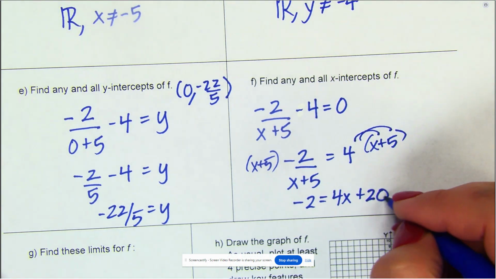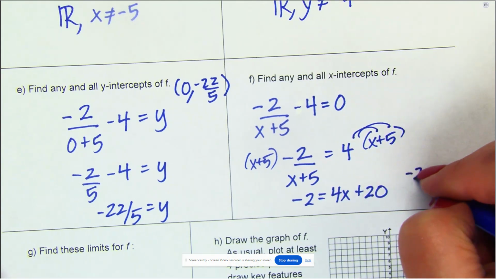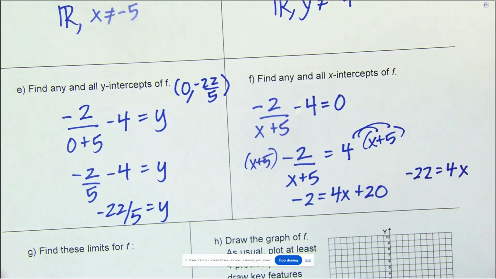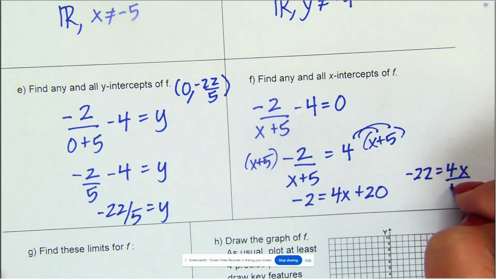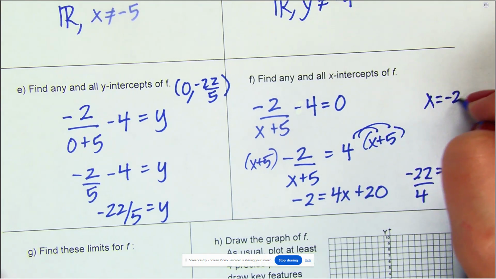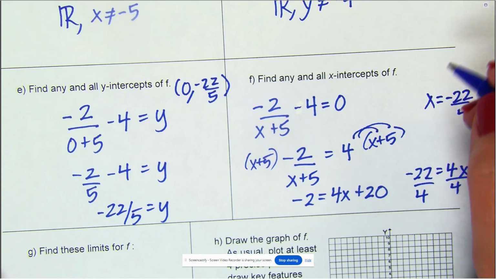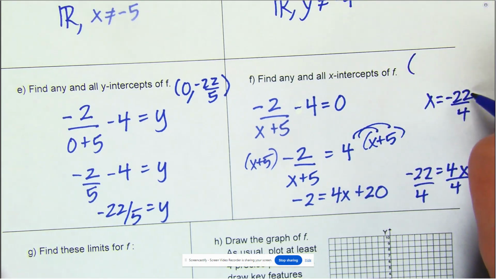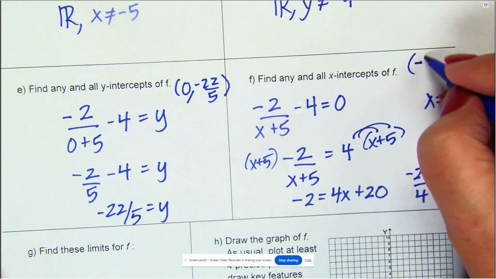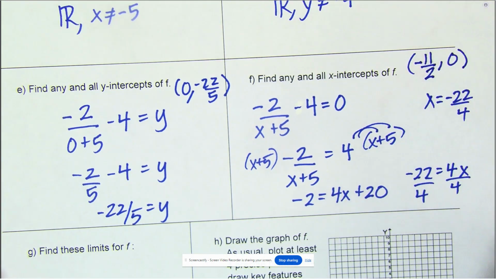And then I'd subtract 20 to make a -22. And then divide both sides by 4. So the x-intercept is -22/4, or -11 halves. 2 goes into 22, 11 times. -11 over 2, 0. All right, let's graph this.